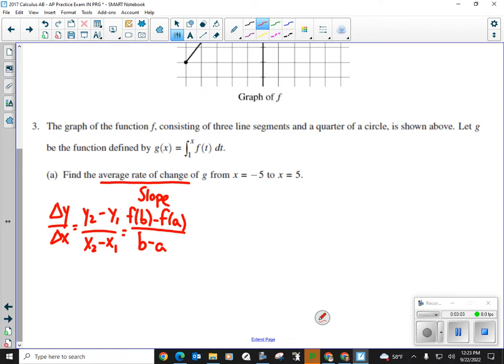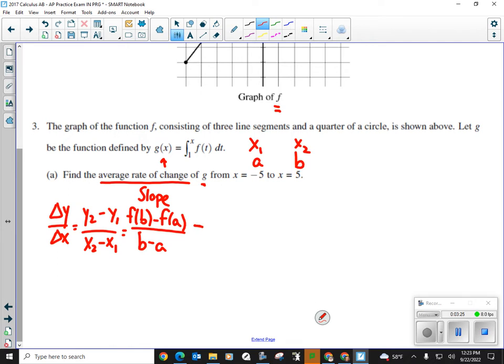Let's say this is my b, or my x2, whichever one you want to use. And this is my a, or my x1. I'm going to have to find the slope between those 2 points. Don't look at your graph. The graph is of f. We want this of g right here.